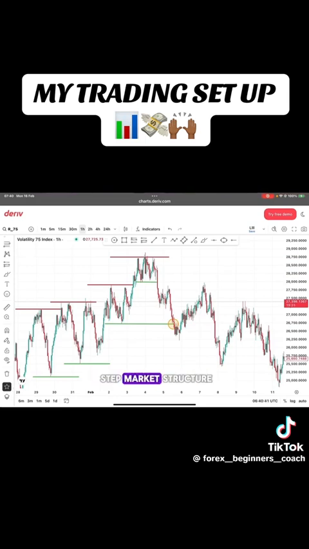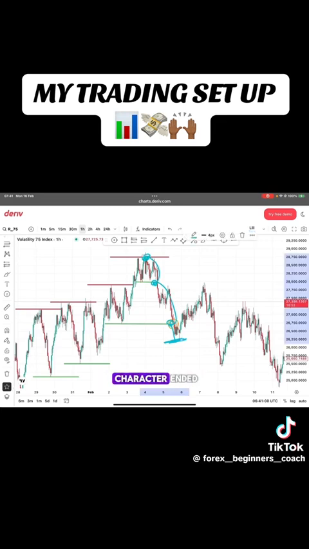First step, market structure. Second step, identify your change of character. Third step, you need to know where the change of character ended, which is where the market moved from the high, broke the first low and the second higher low. Where did it end? Ours ended here. That place is what I'm talking about. That's why I'm saying the end of the change of character. That is what I want you to identify.